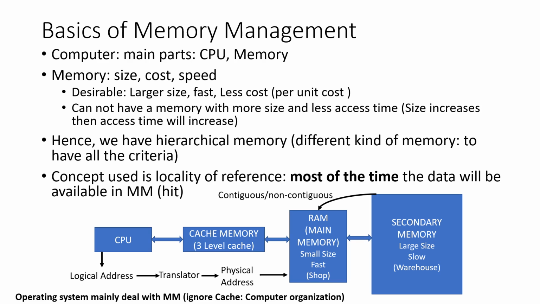The size of the secondary memory is very large, but the speed is very less compared to the processor. If we just use processor and secondary memory, then most of the time processor will remain idle, right? Waiting for the secondary memory. Hence, we use RAM or a primary memory which is smaller in size and faster compared to the secondary memory.